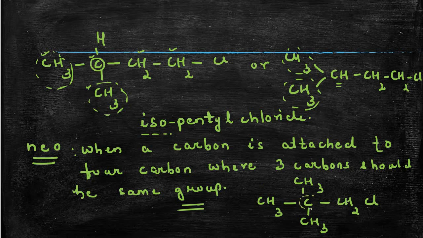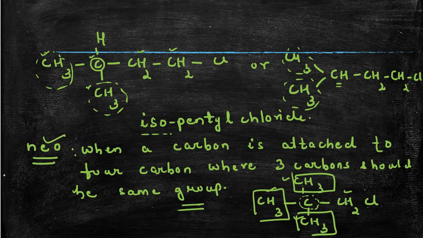You can see here the carbon is attached to 4 carbons: first, second, third and fourth. Three of them are the same groups. This one is a CH3 group, this one is a CH3 group, and this one is a CH3 group. When such a condition arises, we use the word neo in writing the common name. So you can see how many carbon atoms are there? 1, 2, 3, 4, 5.